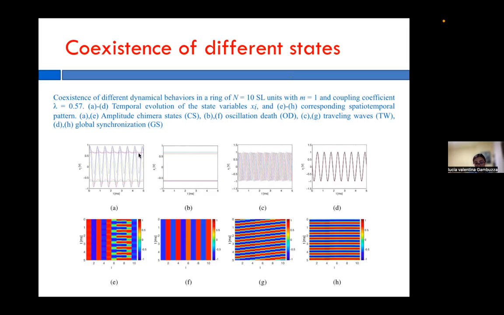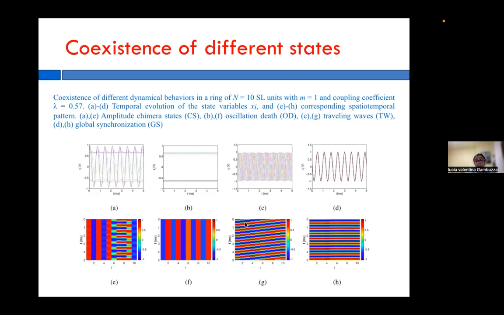We don't have oscillation in all the units, but in particular the two domains for the oscillation death are such that we have one unit at the top and the second one at the bottom value, the third one again at the top, and so on.